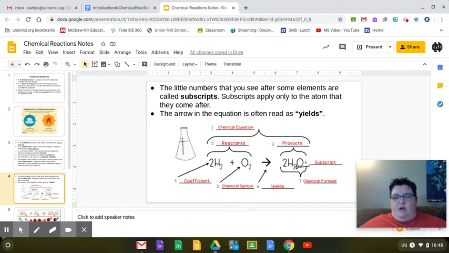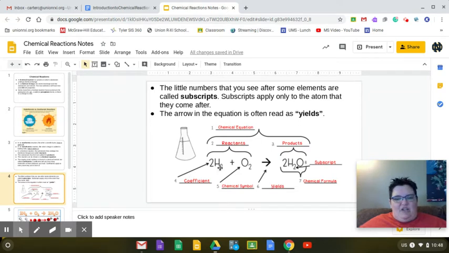Okay. Now get a little more specific. The number in front of the H2s, the two H2s, that is called a coefficient. When you're dealing with chemical equations, that is the only thing that can be changed when you're trying to make this all balance out, which we'll get into how that works later.